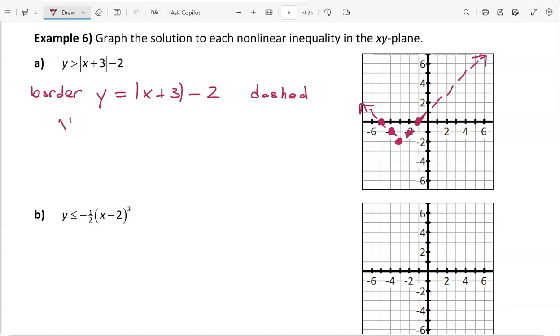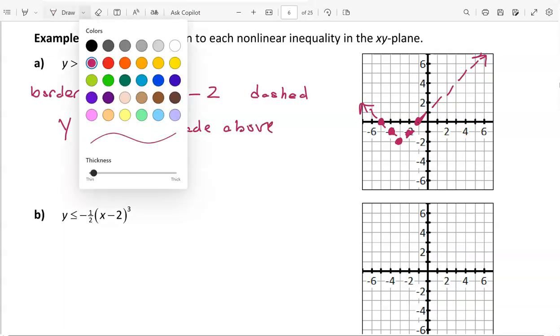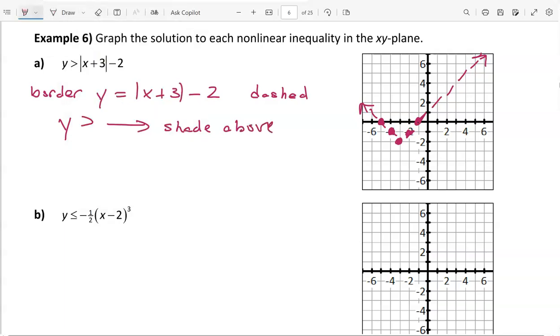Since it's y is greater than, that's going to indicate that we shade above. So I'm going to shade on the top side of this line. So this portion of the xy plane is shaded. I know I said line before, but this graph is what I really meant. All right, so dashed graph and shade above.